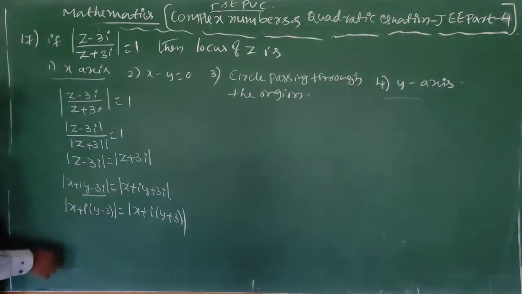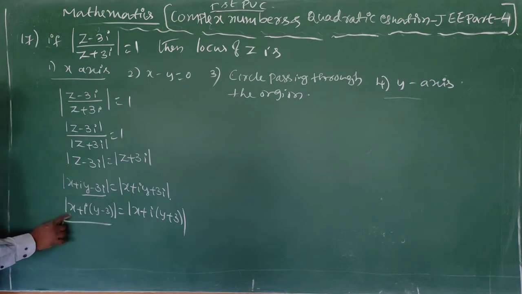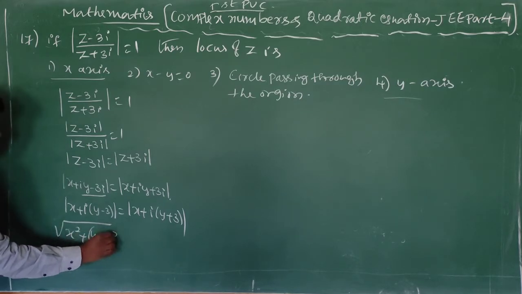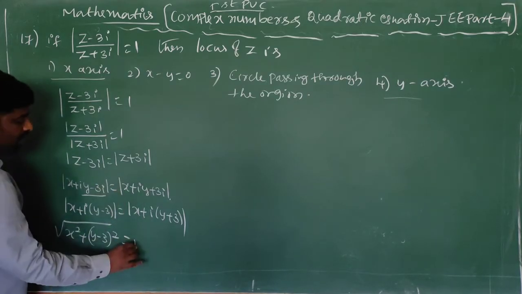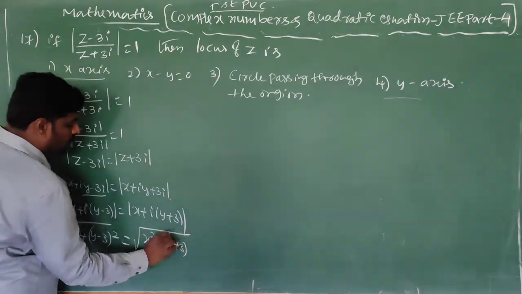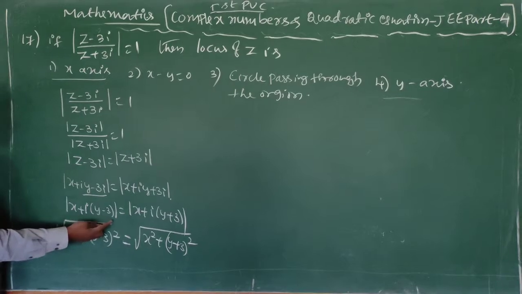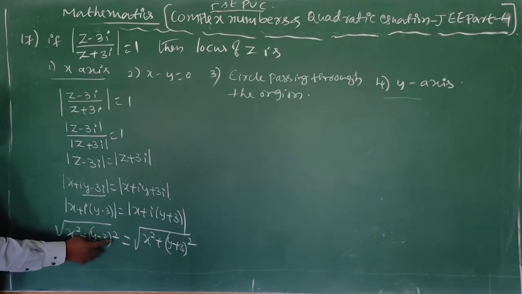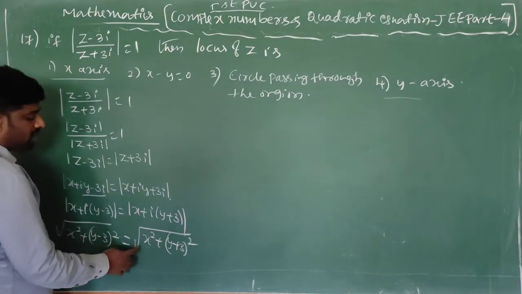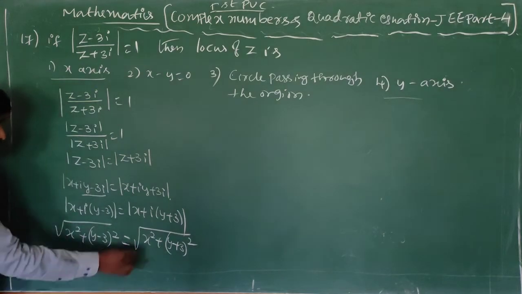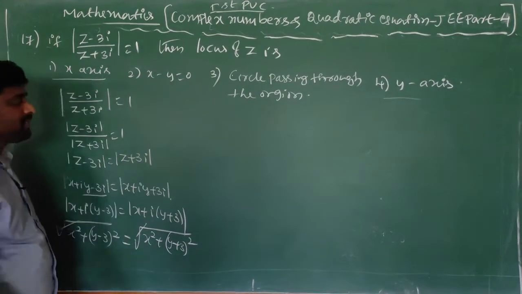Now the modulus of this is the square root of real part squared plus imaginary part squared. So the square root of x square plus (y minus 3) whole square equals the square root of x square plus (y plus 3) whole square. So the square root gets cancelled.